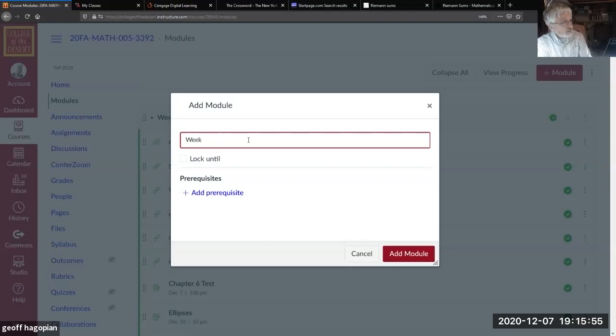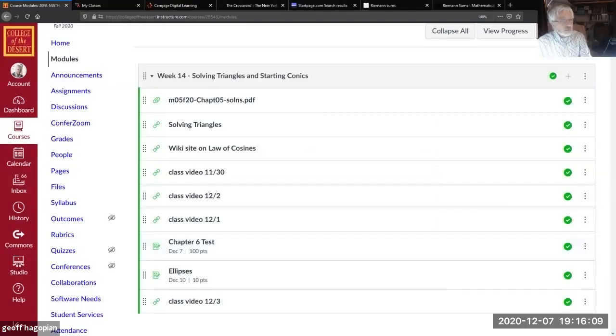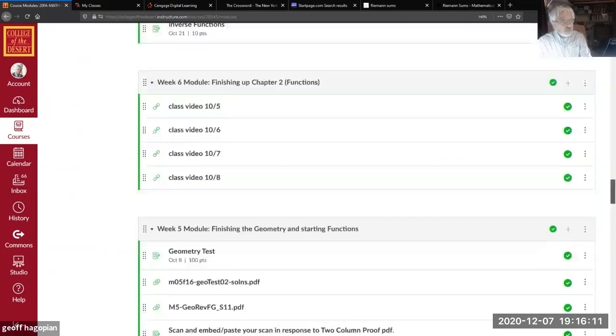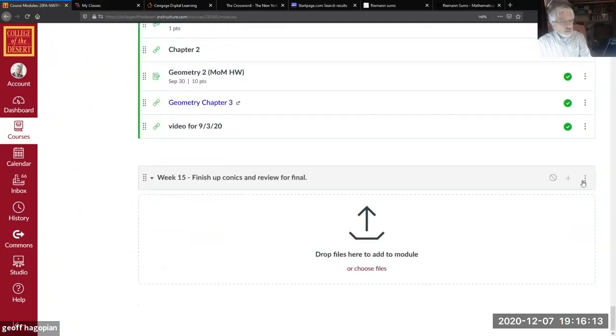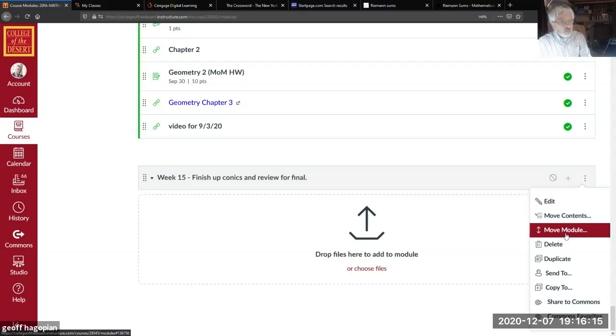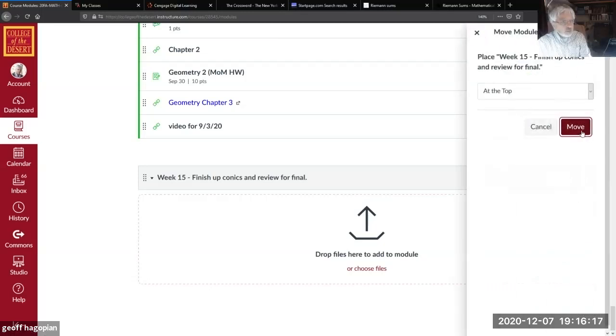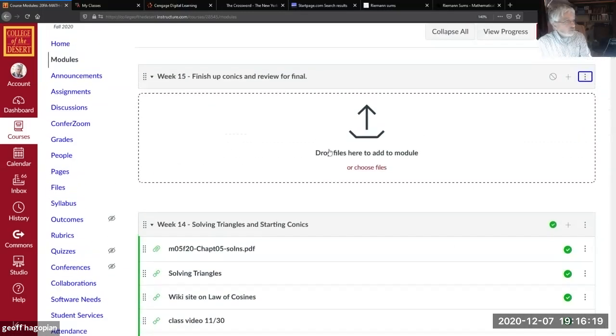This is our last week of instruction, and we're going to finish up conics and review for the final. So I'm going to add that module, and then I have to scroll down to the bottom and say, move module to the top, if you would please, if you'd be so kind.